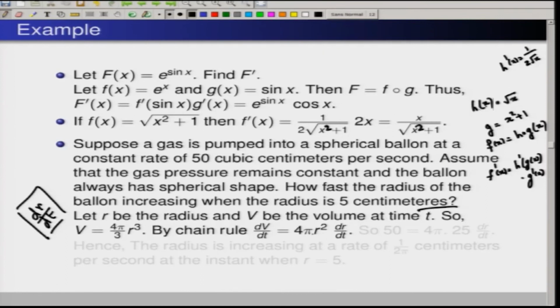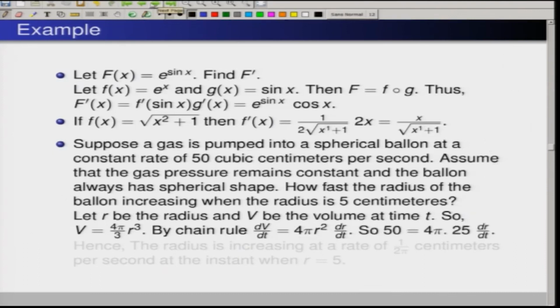If I take the derivative, dv by dt, then by the chain rule this is 4 pi by 3 into 3 r square, since r is a function of t, times the derivative dr by dt.